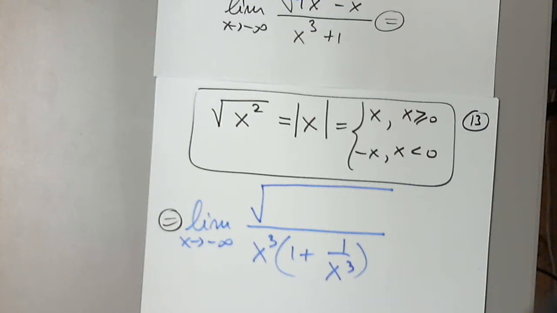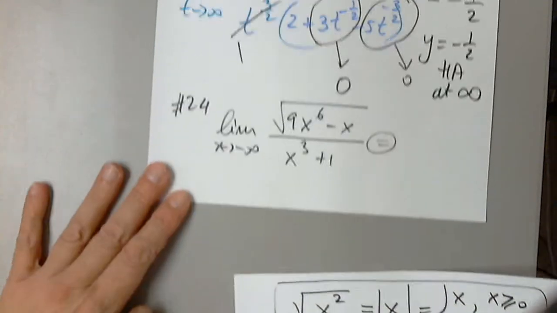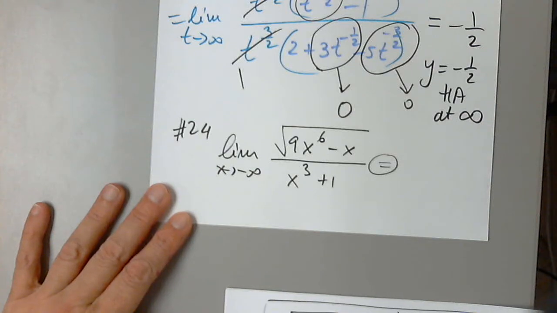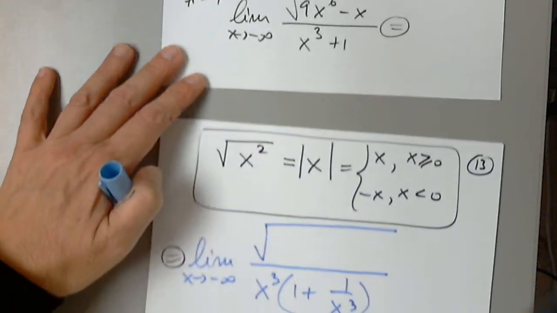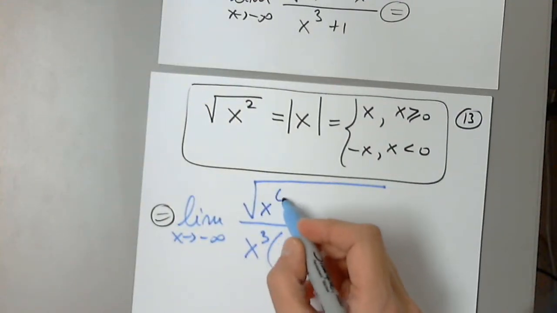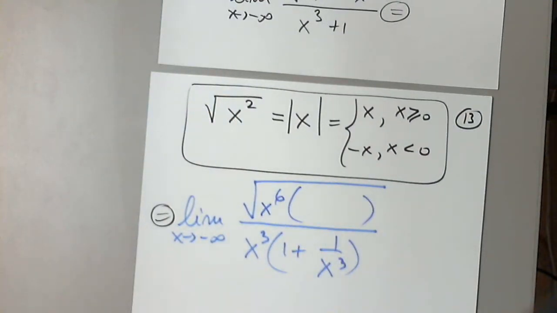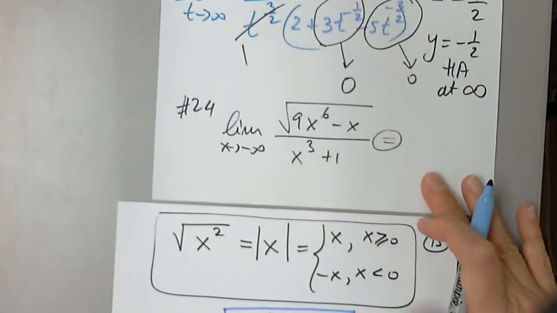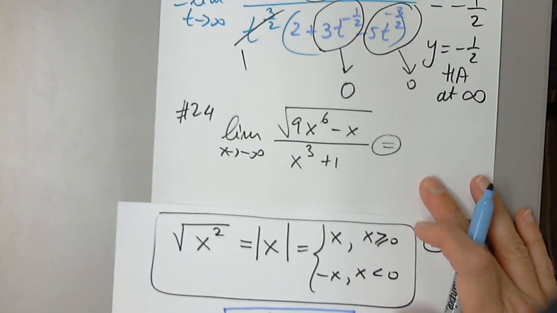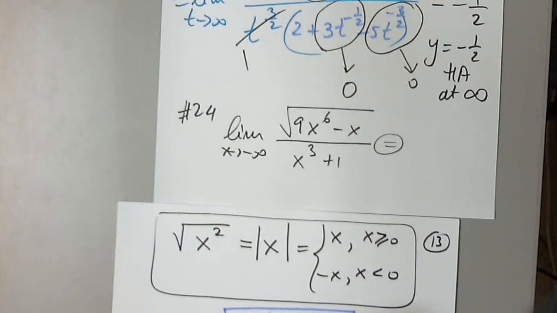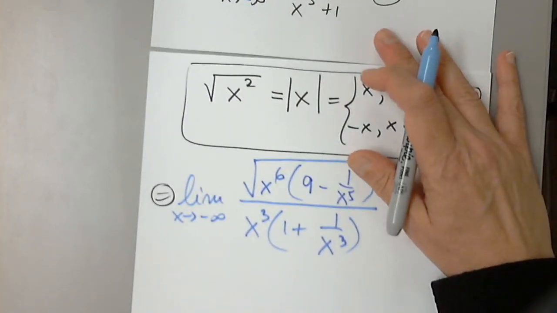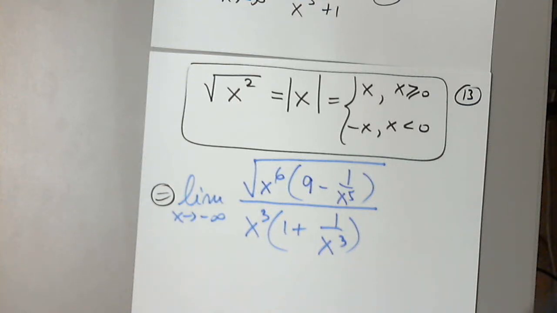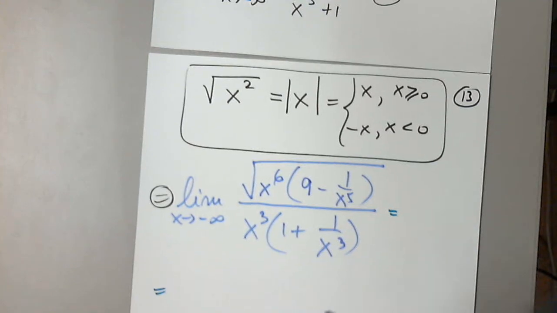I need the degree of that polynomial, which is? 3. Under this radical, it's 6. Very good. So we factor out x to the 6th. And please tell me what you have left in parentheses. Excellent. Do we all agree with that? Yes? Awesome. Good. Stay with me, please.